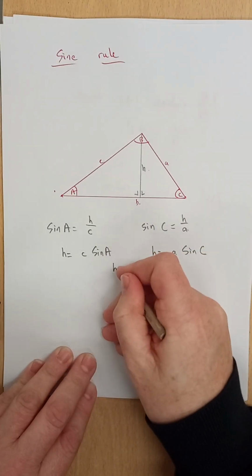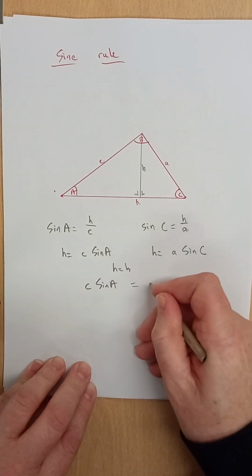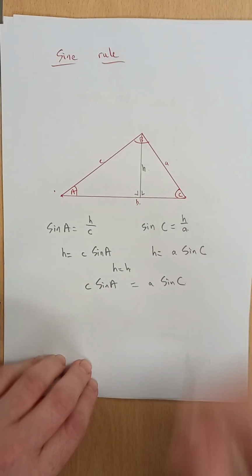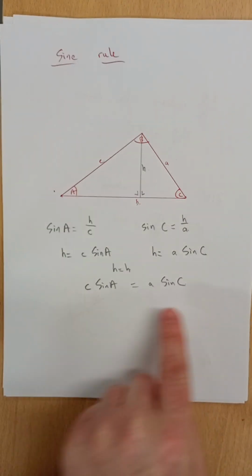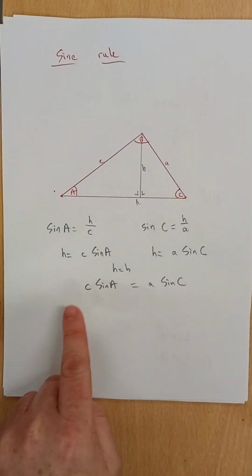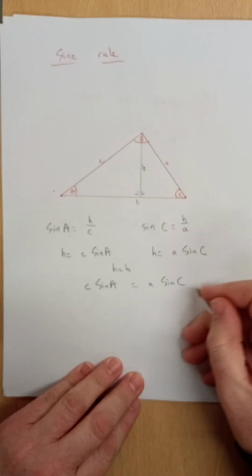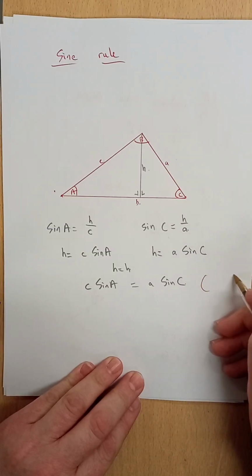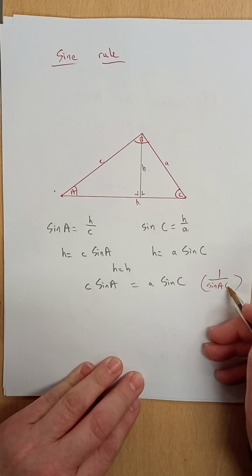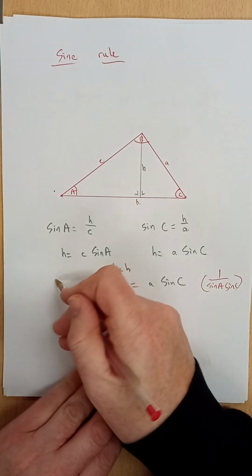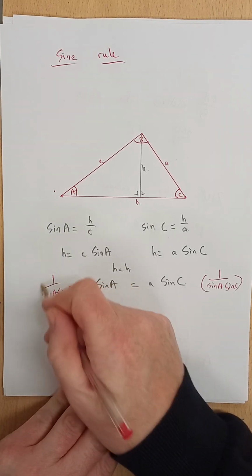I can make the two H's equal to each other, so C sine A is equal to A sine C. Now I divide both sides by the sine of A and by the sine of C. In other words, on both sides I'm going to multiply by 1 over sine A sine C. Let's see what happens.